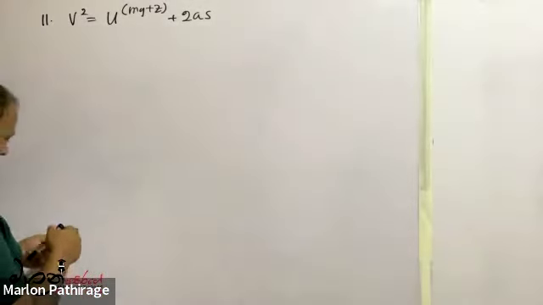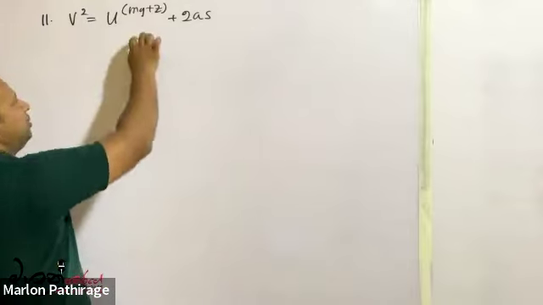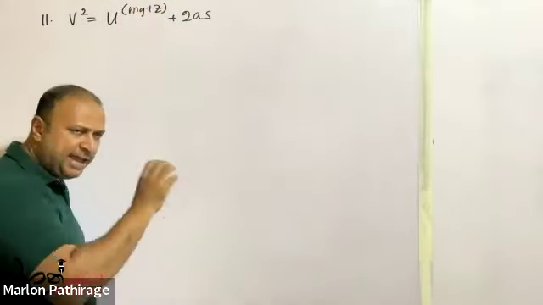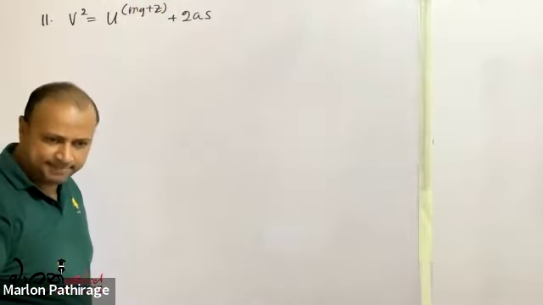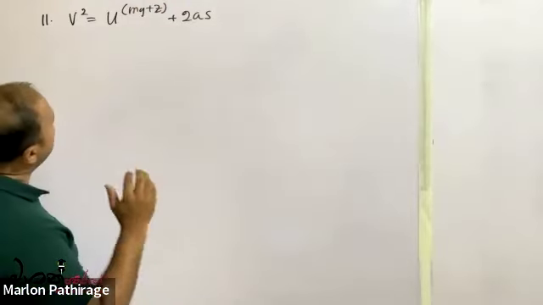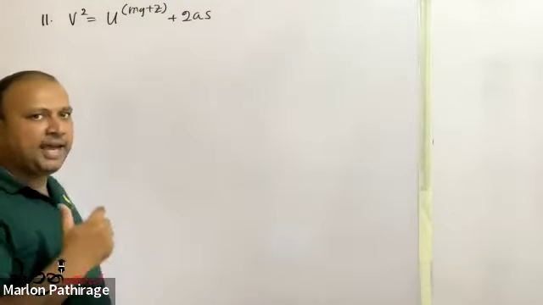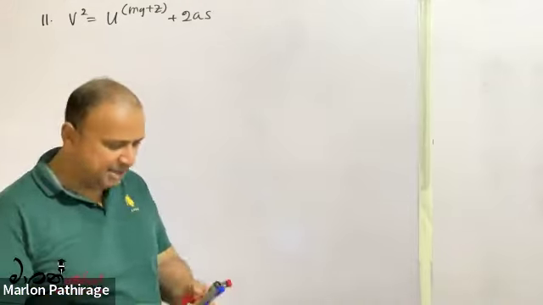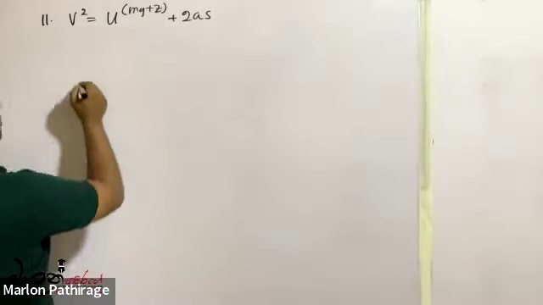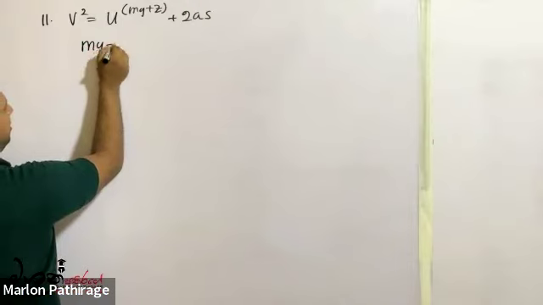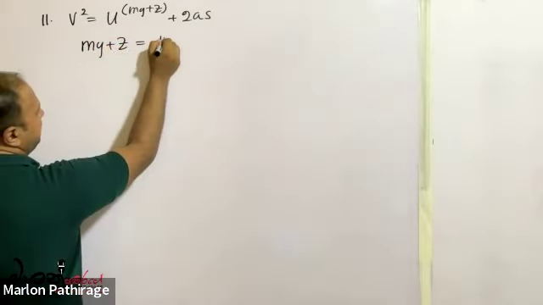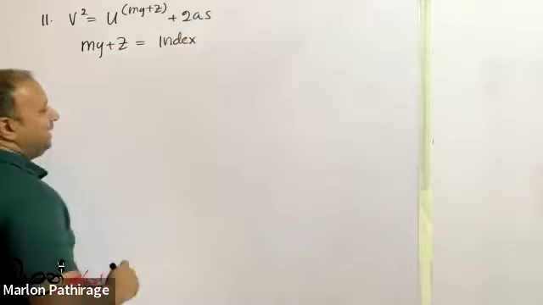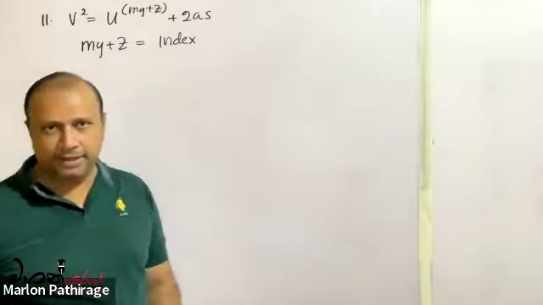And you know the first argument. You know the entire expression. The entire expression is an index. The entire expression, that means my plus z, is an index. Therefore, my plus z is an index. Index means it is a number.